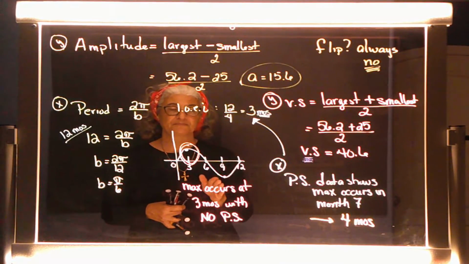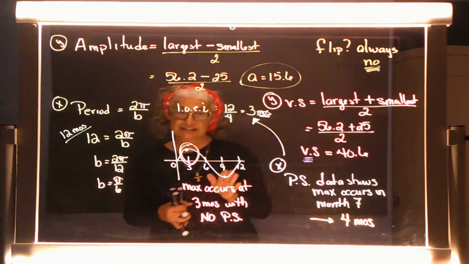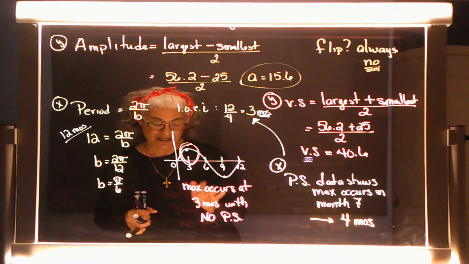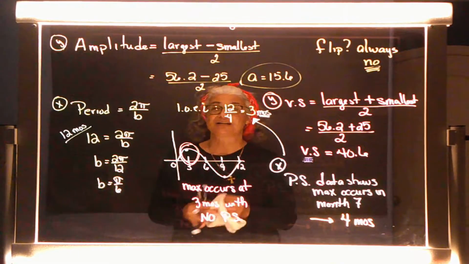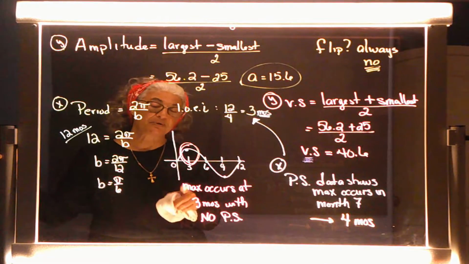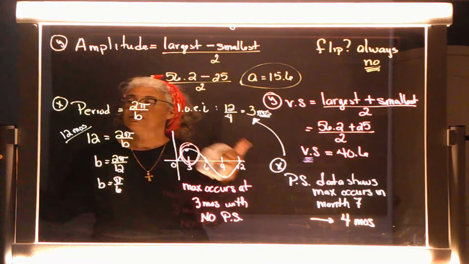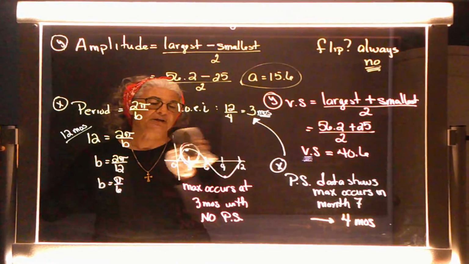Cool? Okay. So now, I need a little bit of board space so I can start writing our sine equation down. I'm going to erase low E here. But remember why low E was important, because low E helped me find the phase shift. It goes with the x's. Okay.